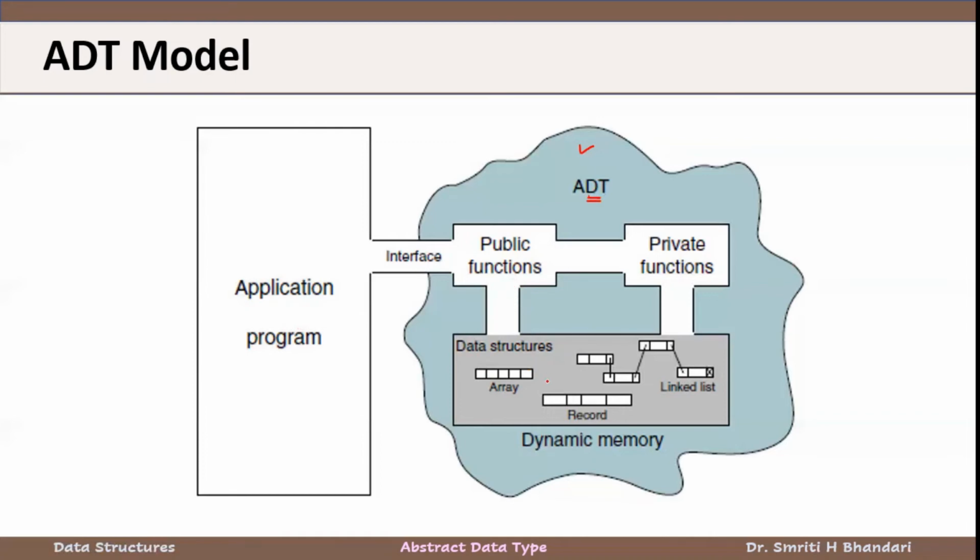In other words, the data structures and the functions are within one another's scope. Now, let us see what are ADT operations. As I stated, there are various data structures, and for all those data structures, we can have the ADTs.